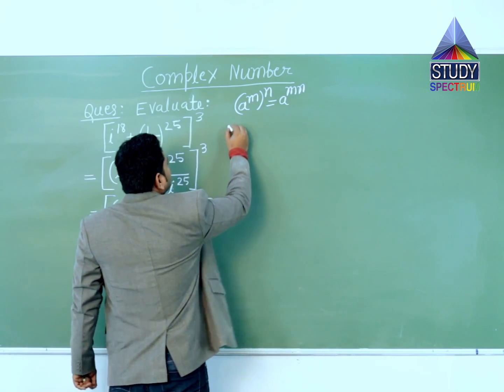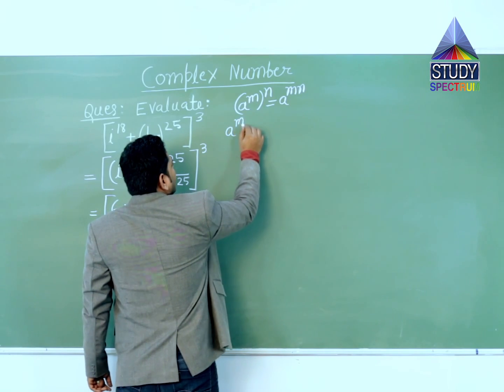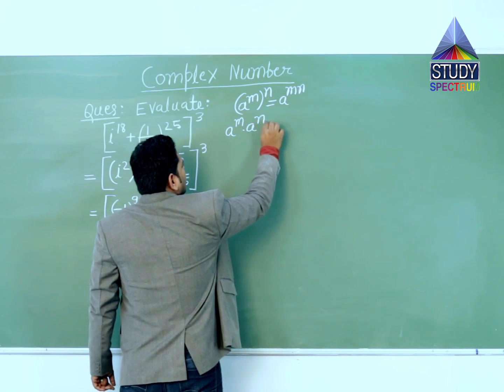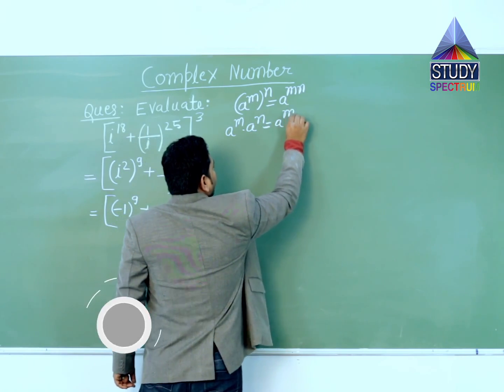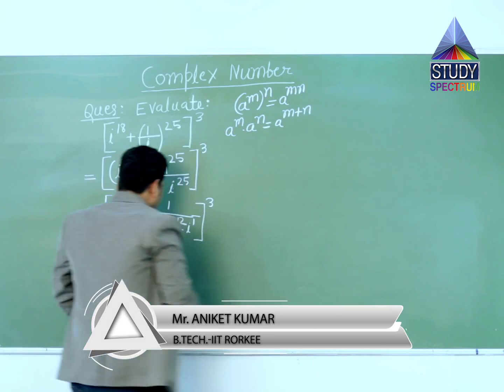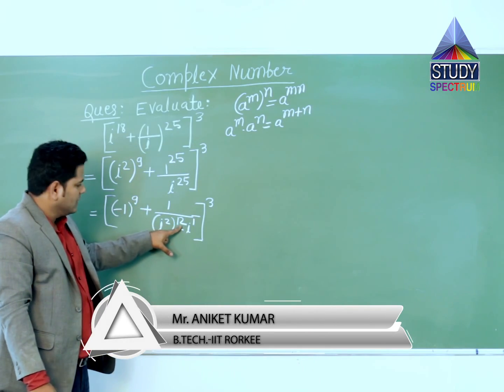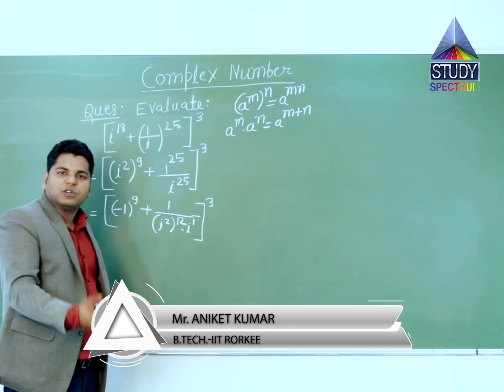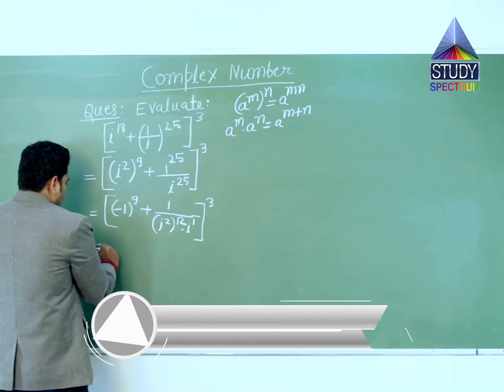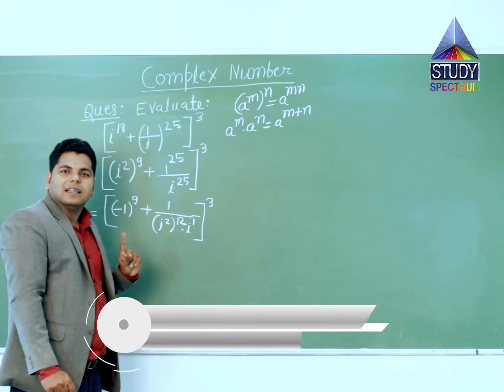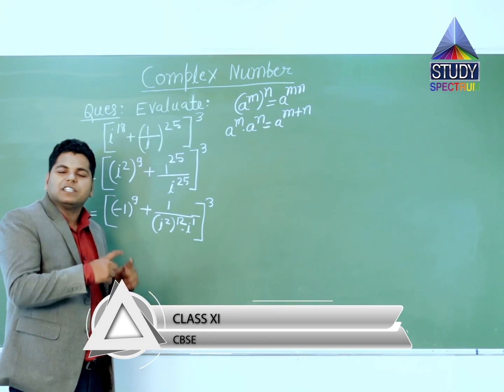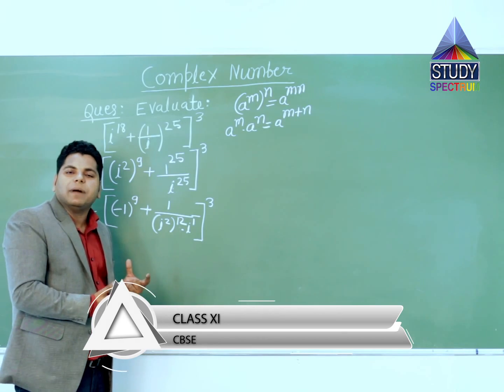Because we have also studied that a to the power m into a to the power n equal to a to the power m plus n. So i to the power 24 into i to the power 1 is i to the power 25. So minus 1 to the power 9. 9 is an odd number, so minus 1 to the power odd number is minus 1.